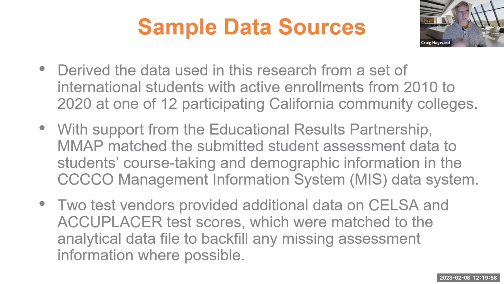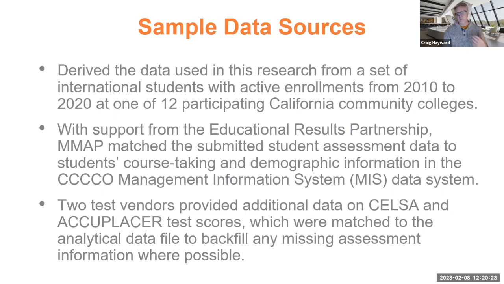But because assessment and placement data is not part of that standardized data collection system, we reached out to colleges with high numbers of international students, and an even dozen of those colleges responded and agreed to provide data, and were able to provide data for this.